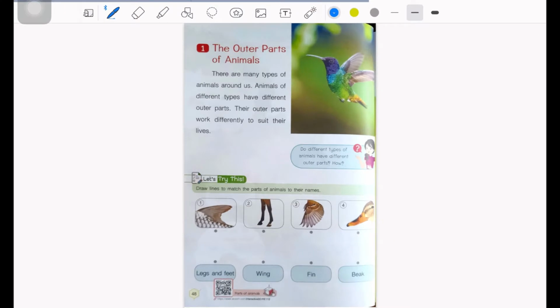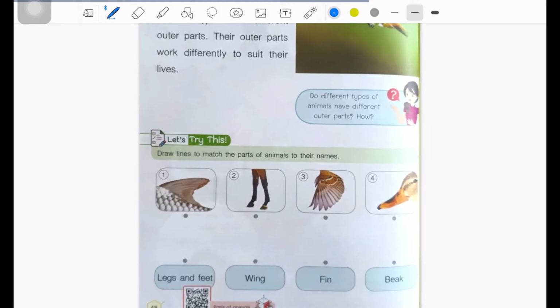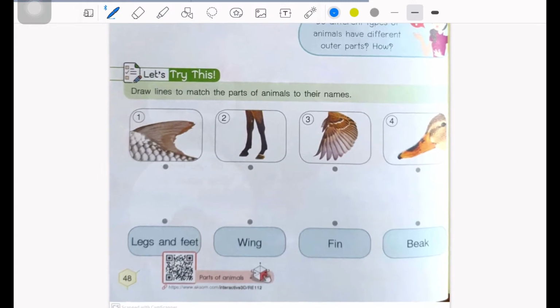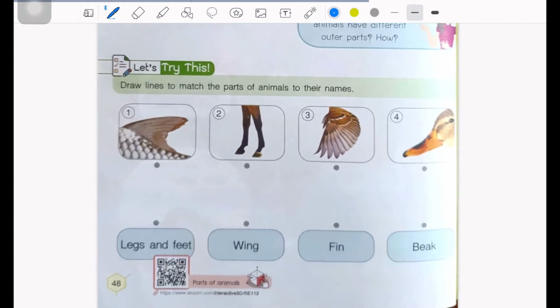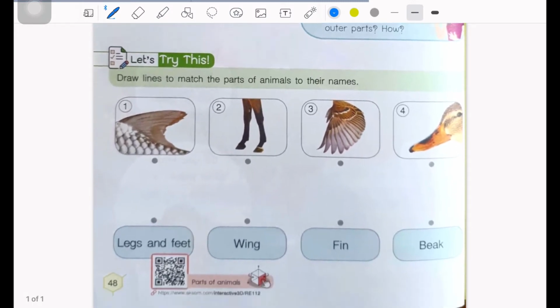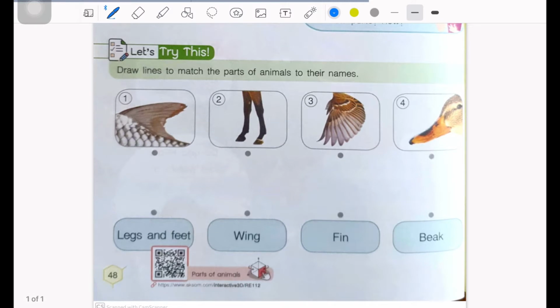Okay, before we go to learn about the outer parts of animals, on page 48 in your books there are some activities below. It is about matching the parts of animals to their names.